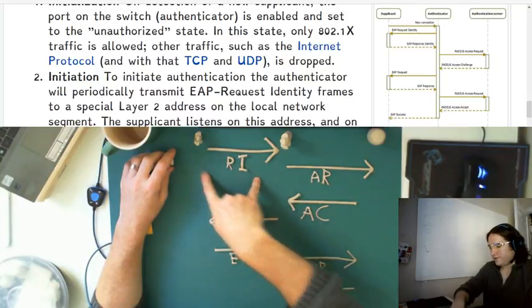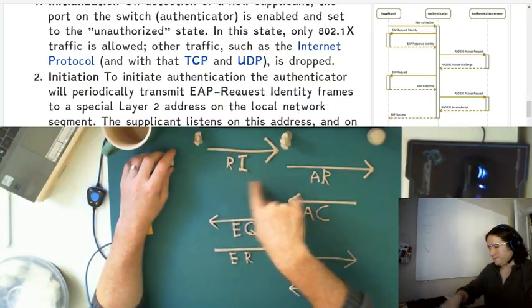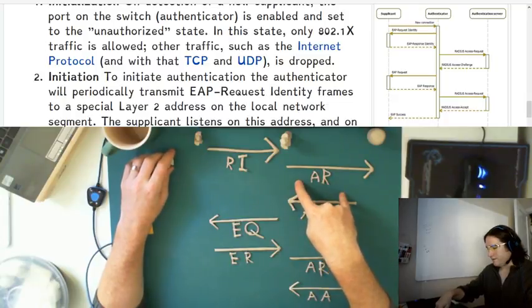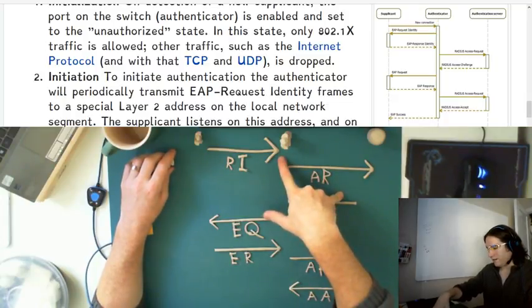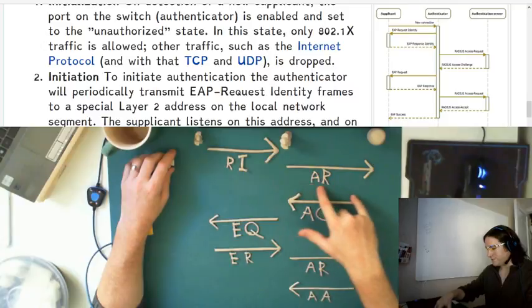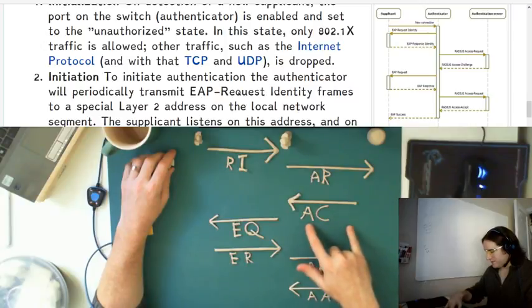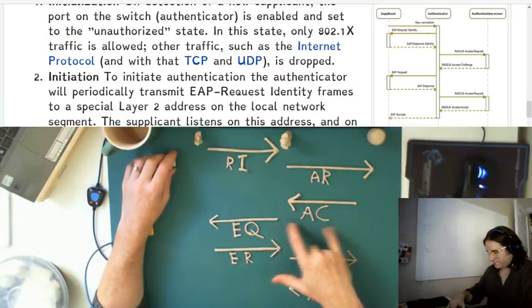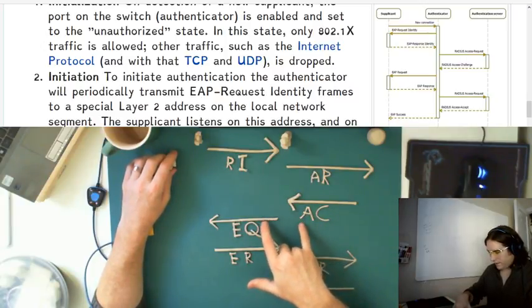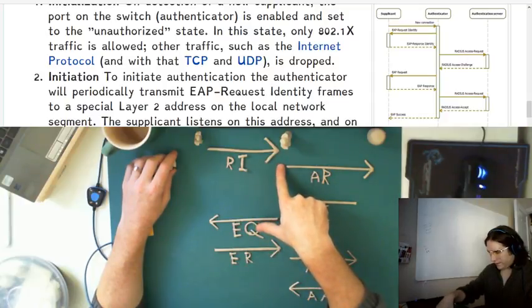The supplicant sends a response identity, then the authenticator sends an access request to the authentication server. The authentication server sends an access challenge to the authenticator.